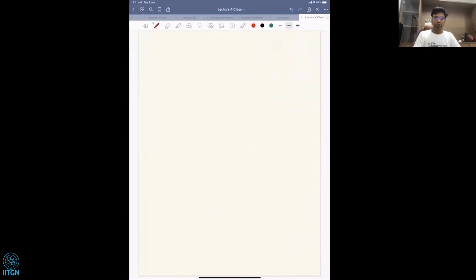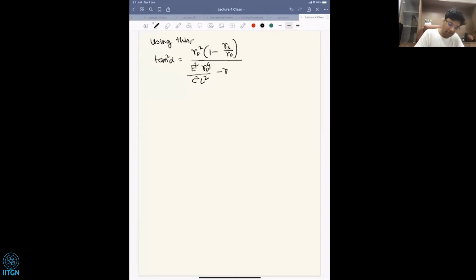Good. So using this, what you obtain is tan square alpha equal to, now you substitute this equation into the value of tan square alpha, and you can immediately see this will be r naught square 1 minus rs by r naught, over E square r naught to the power 4 by c square L square minus r naught square plus rs into r naught.